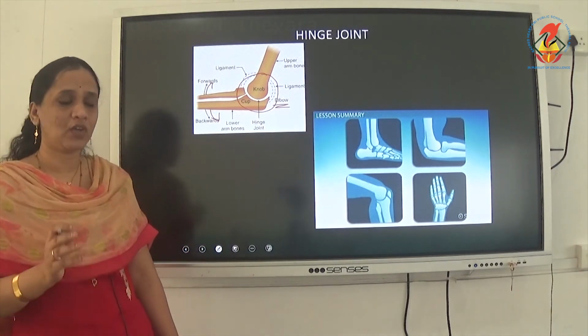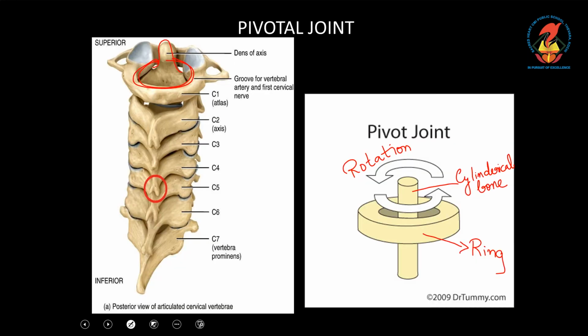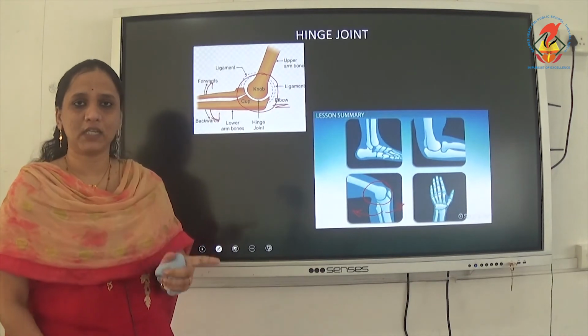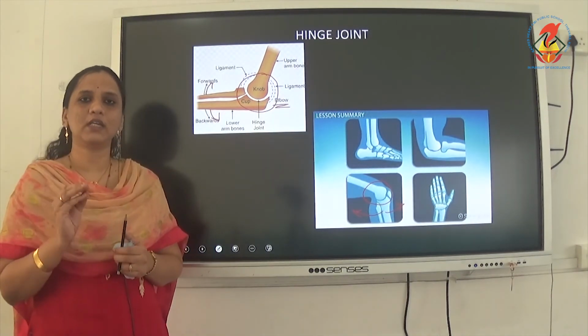Another example is your knee. You can see, you can take your knee backward and forward. So you have your elbow joint and knee joint that helps you to move your body part in a specific way.